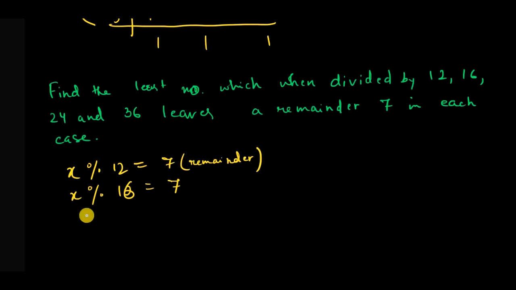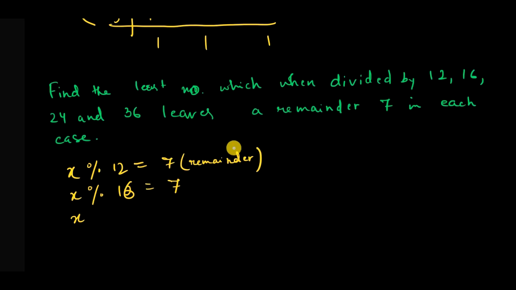Similarly, if x is divided by 24, it leaves a remainder 7. And if we divide this x by 36, it also leaves a remainder 7. That is the question. We need to find x. What is the number which when divided by 12, 16, 24 and 36 leaves a remainder 7?